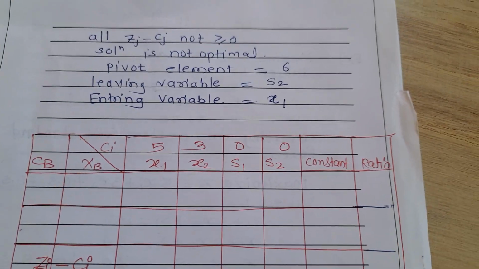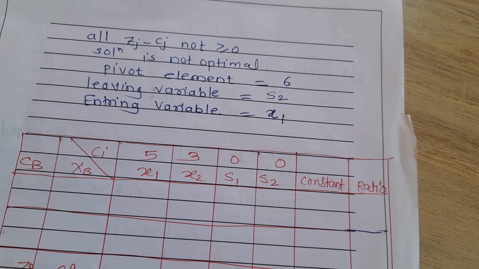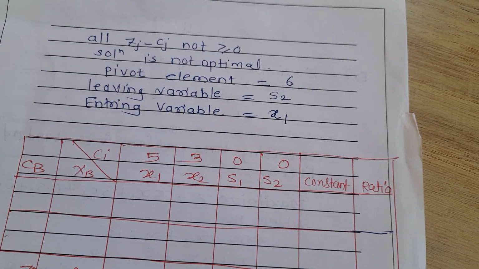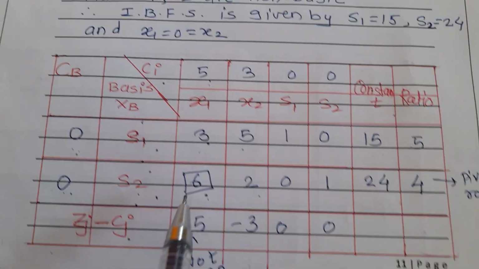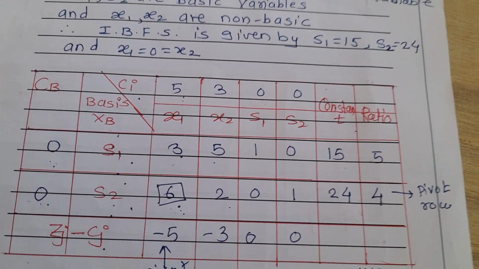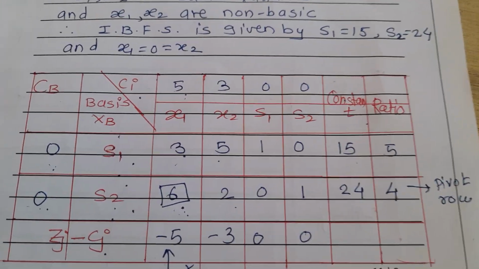Now all zj minus cj are not greater than or equal to 0. Therefore our solution is not optimal. Therefore we find the pivot element, leaving variable, and entering variable. Now we convert this pivot element to 1 by using row operations. How do we convert it to 1?